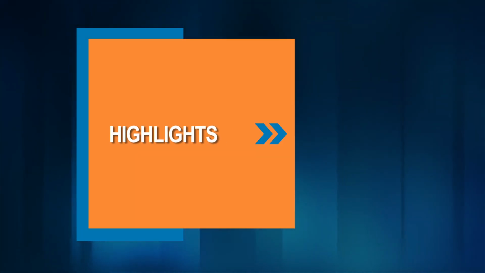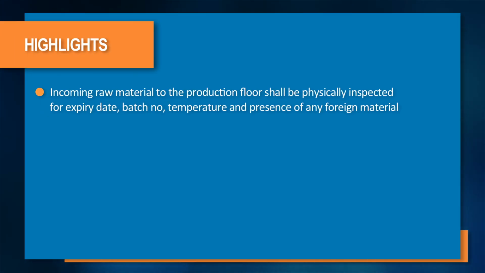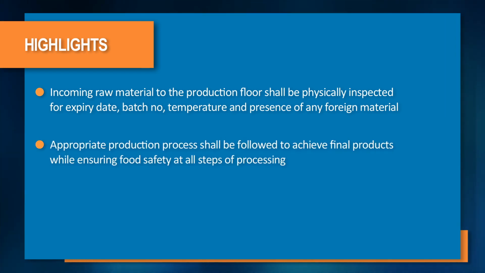Thus, the major learnings from this video are: incoming raw material to the production floor shall be physically inspected for expiry date, batch number, temperature, and presence of any foreign material. Appropriate production process shall be followed to achieve final products while ensuring food safety at all steps of processing.